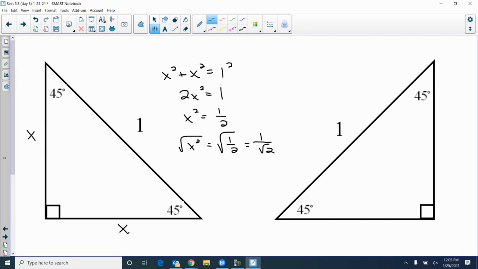Make sure that makes sense. Now, what do you get when you rationalize that? It will be radical 2 over 2, because I multiply by square root of 2 over square root of 2. So each leg is radical 2 over 2.